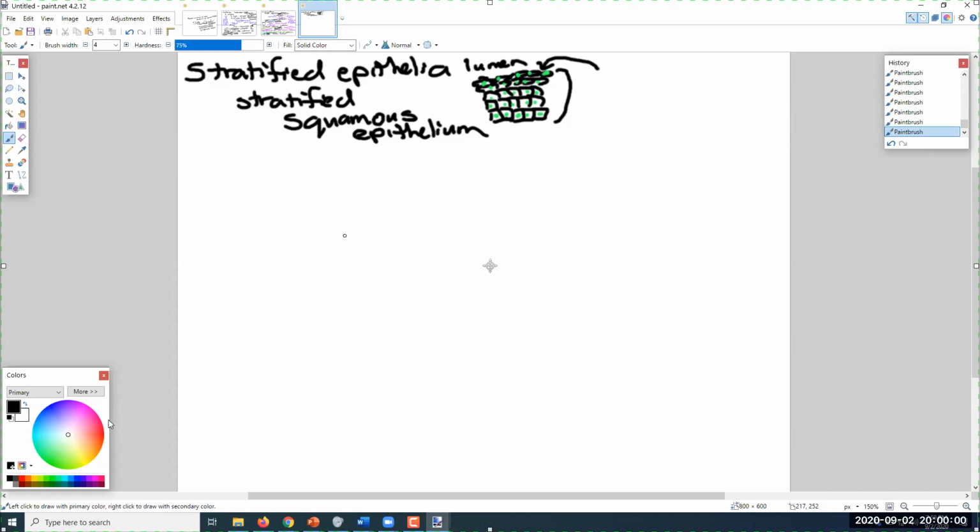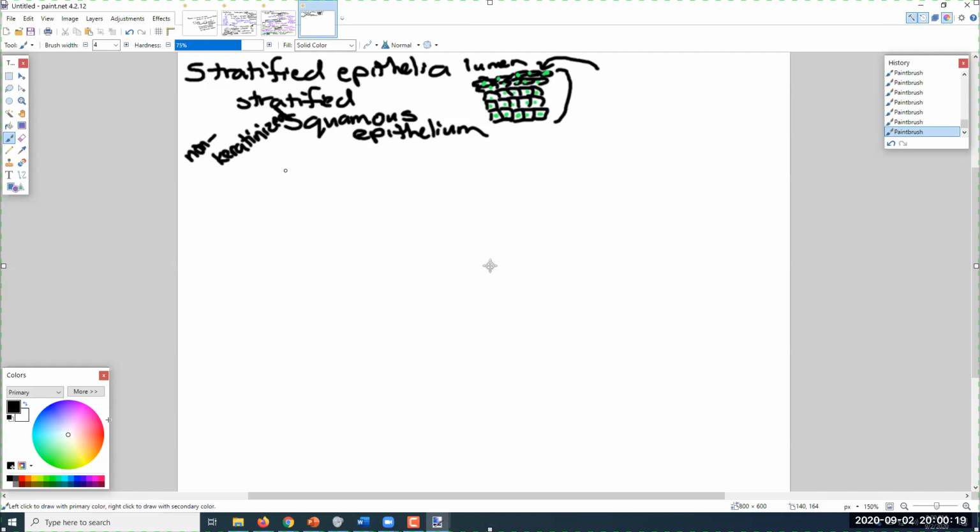Okay, in this case scenario, the non-keratinized stratified squamous epithelium. I know it's a mouthful, okay?